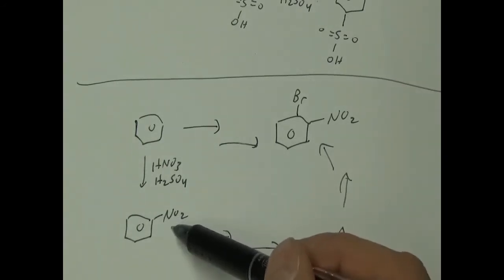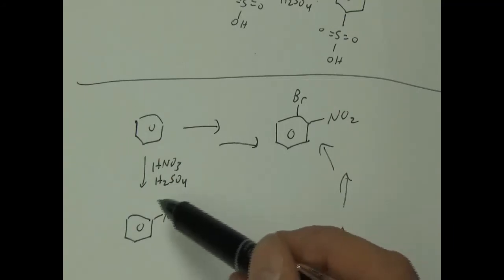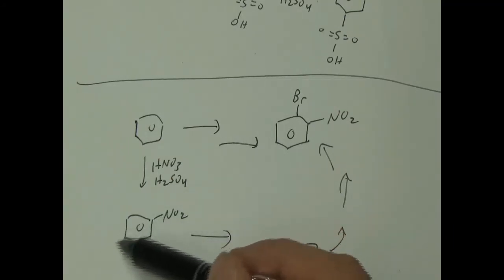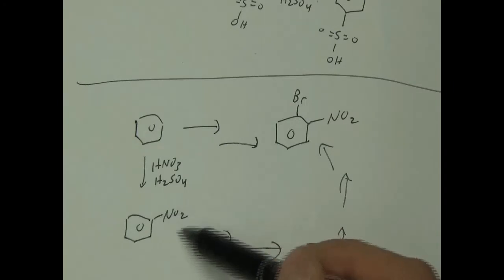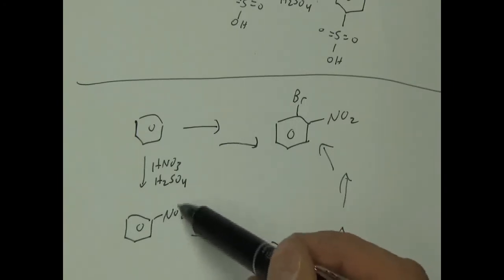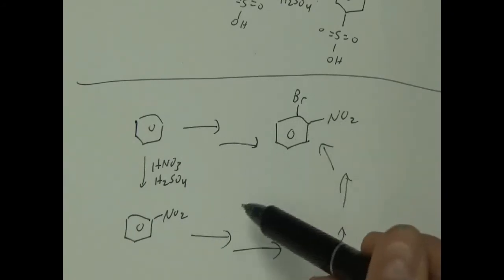Convert it to an ortho-para director, so it's NH2. Turn that into a deactivated ortho-para director, so with the amide. Install a sulfonic acid on the end, you have to do that still. Then you could install the bromine, and then you have to remove that protection, the amide. Then you have to reoxidize it. So it's not 1,000 steps, but it's almost 1,000 steps, right?